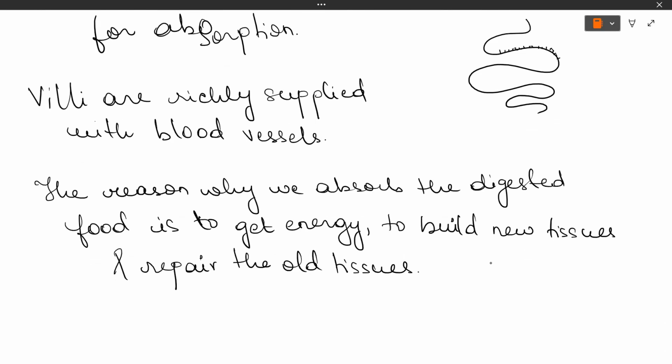In the large intestine also villi are there, and what the villi do is absorb the water and minerals from the undigested food. Undigested food is the food that cannot be digested anymore. That is why it is undigested, isn't it?